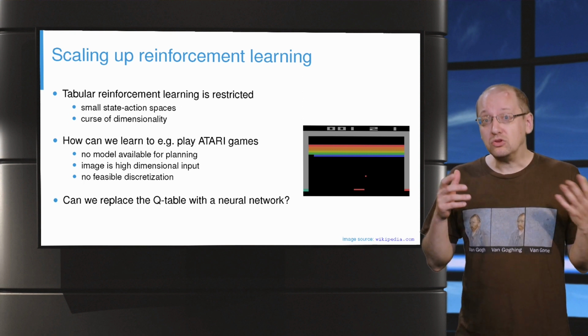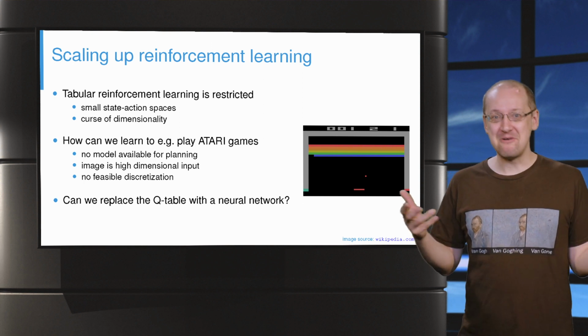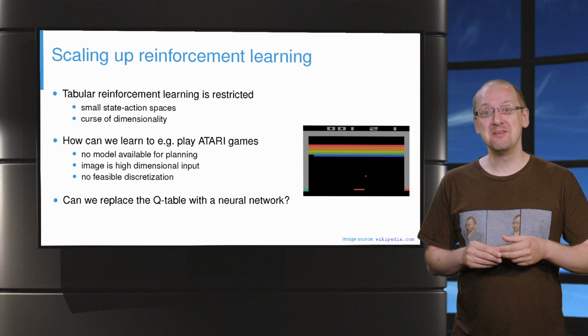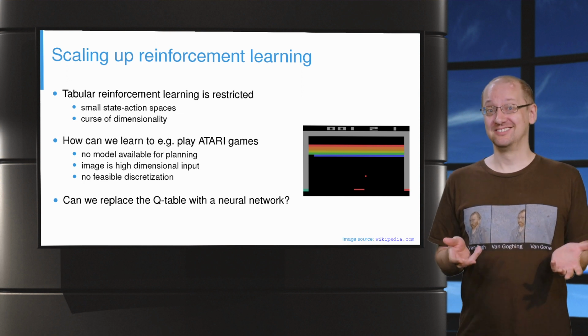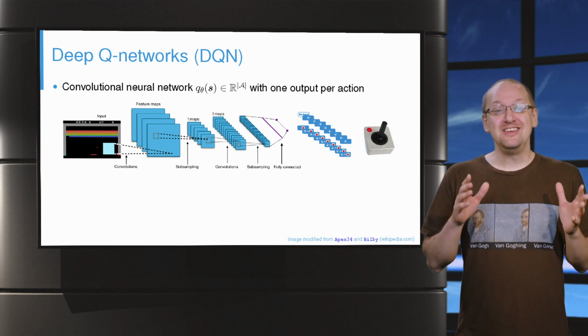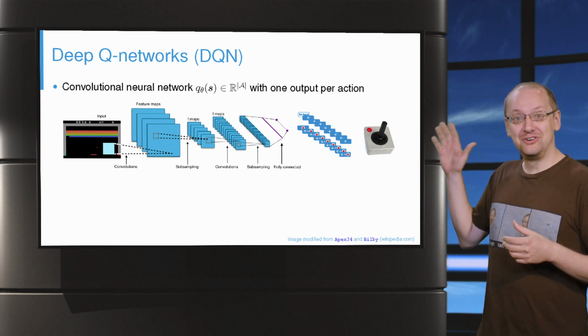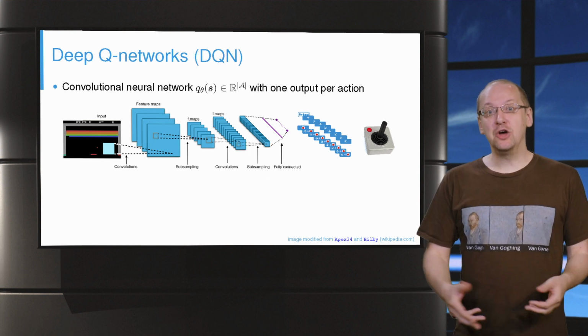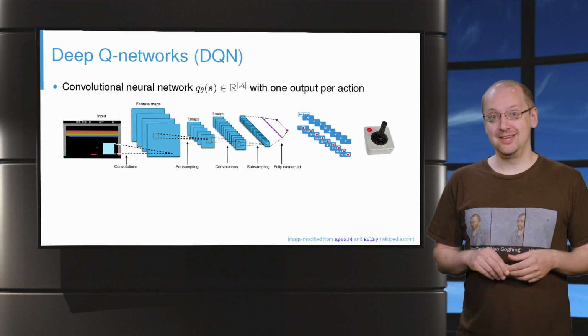Well, you all have heard of the magical power of machine learning. So maybe we can just replace the table of Q values with a neural network? Since our input is an image, we use a convolutional neural net here, as shown, which has an output for every action we could take.